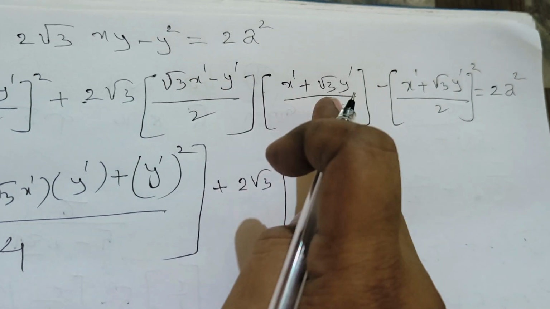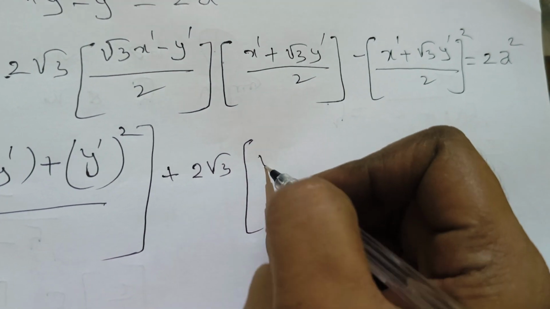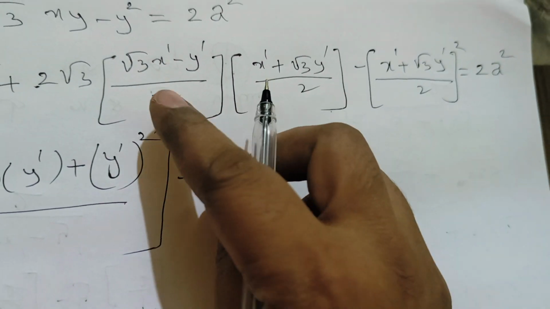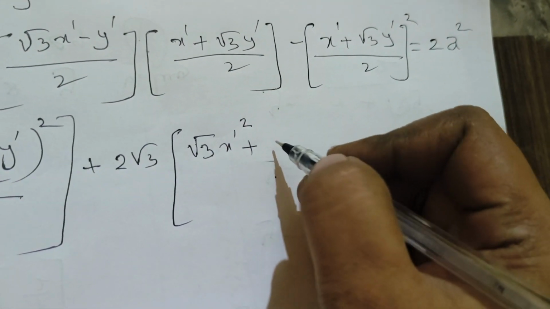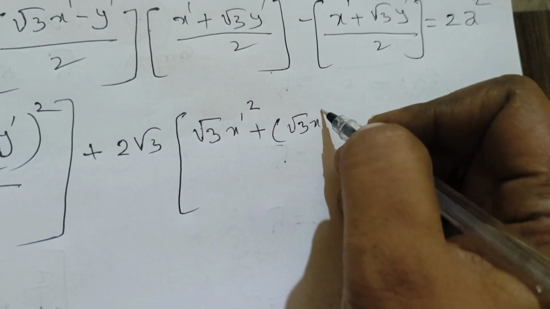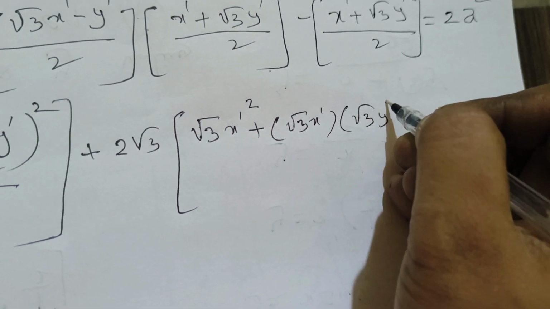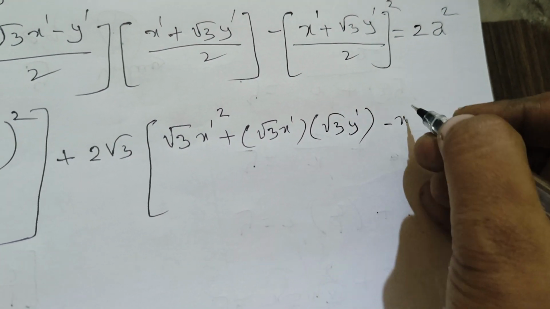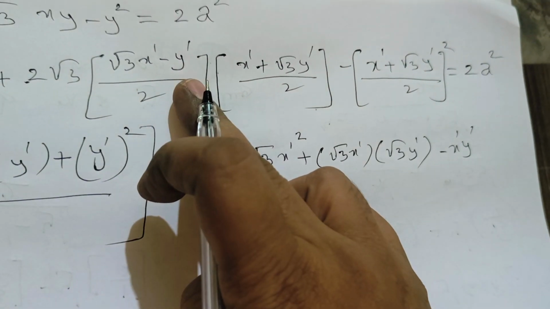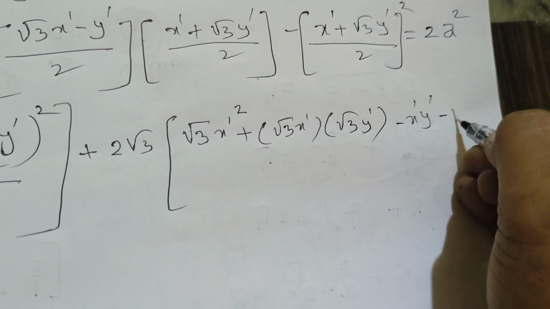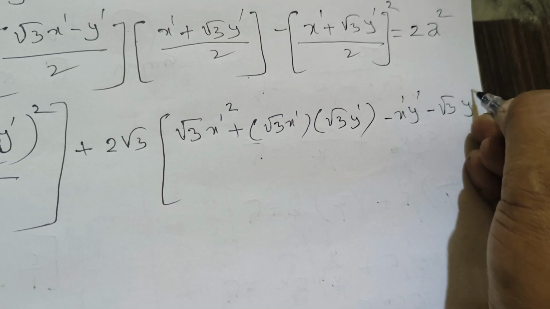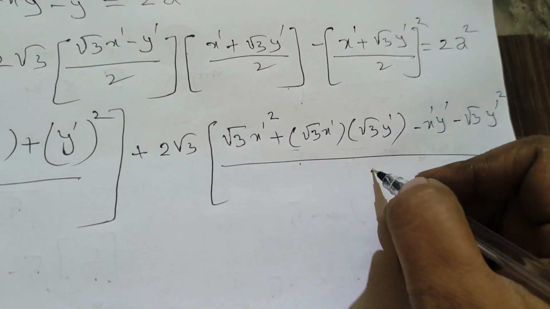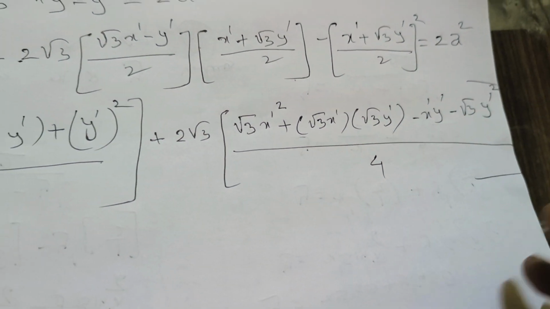Root 3 x dash times root 3 x dash becomes root 3 x dash square, plus root 3 x dash into root 3 y dash, minus x dash into y dash, minus into plus is minus. Root 3 y dash times y dash becomes y dash square by 2 twos are 4. This is our second term.